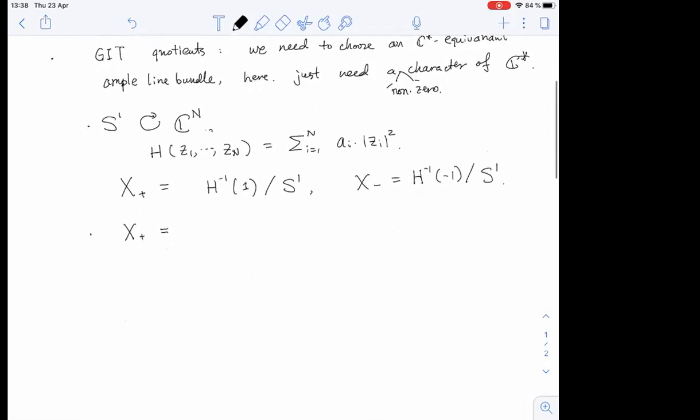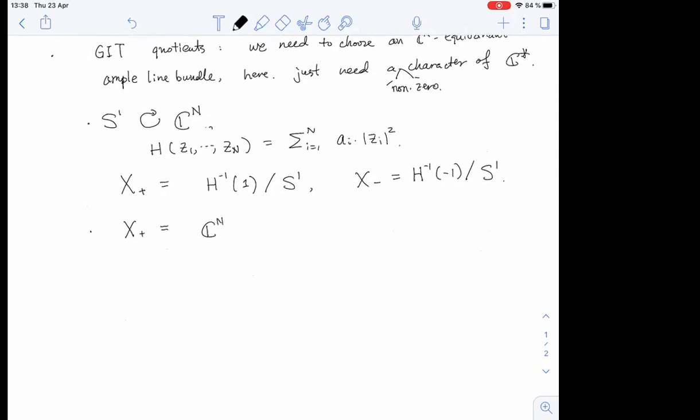The plus side for C^n will be removing the part where all the z_i corresponding to positive a_i are 0 simultaneously. Those are the unstable loci for the plus quotient. Once I remove that, I can do the C star quotient.